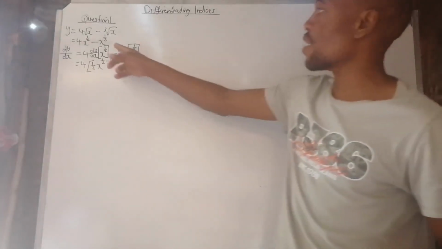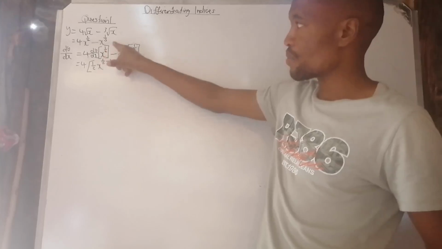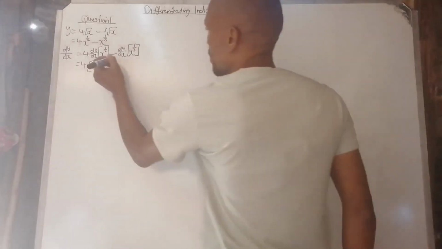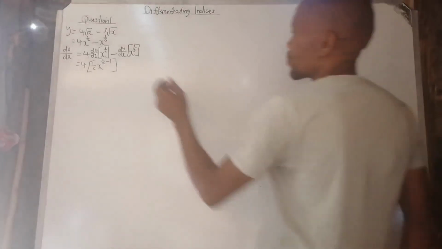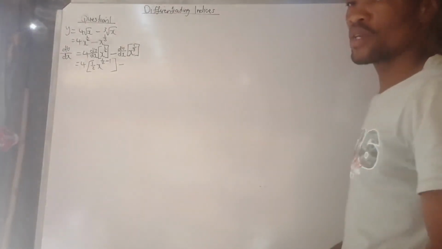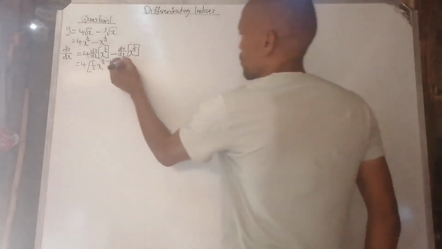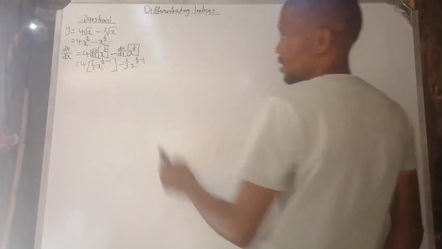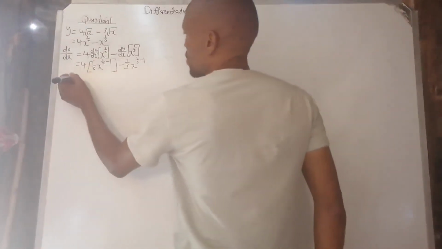So you bring down the exponent to the front, you write your base, and then you subtract 1 from the exponent. And then this is it. And then we go to the second one, we're going to minus. Now let's try and differentiate this one. We're going to bring the exponent to the front, write your x, have your 1/3, and then subtract 1. Very, very important.